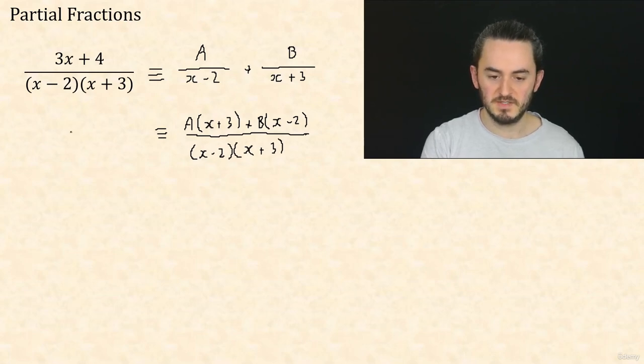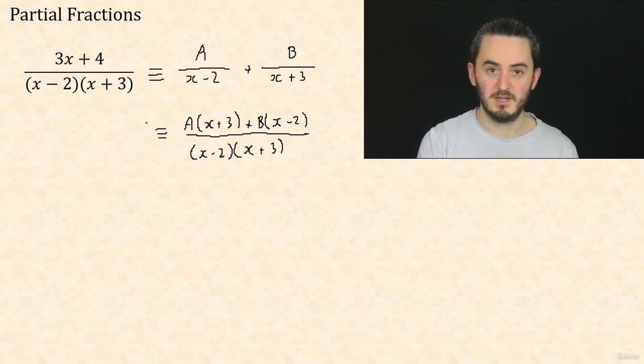So here's the current situation. On the left-hand side I've got 3x plus 4 over x minus 2, x plus 3, and on the right-hand side I've got this stuff over x minus 2, x plus 3. If we want the left-hand side to be equal to the right-hand side for all values of x, it must mean that the numerators are the same and the denominators are the same.